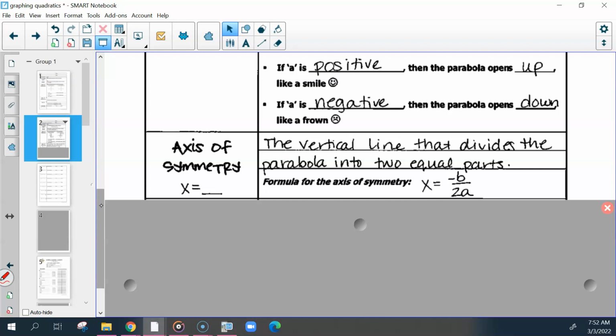There is a formula to find the axis of symmetry. We're going to use this formula, x equals negative b over 2a. And that will be something you'll need to remember.